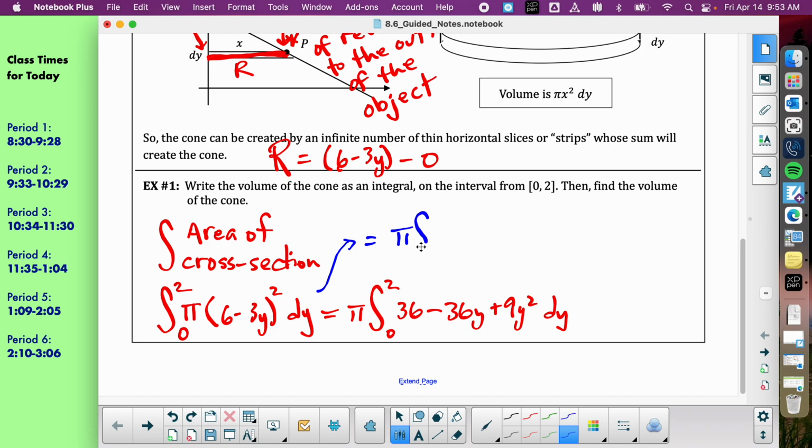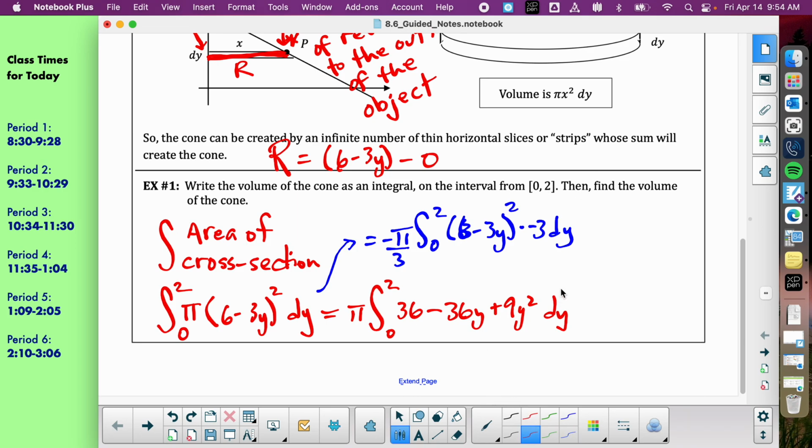So pi integral 0 to 2, you would need 6 minus 3y squared times negative 3 dy. So negative 1/3 would go out front. So it would be a similar question, just set up totally different. You get the same answer either way.